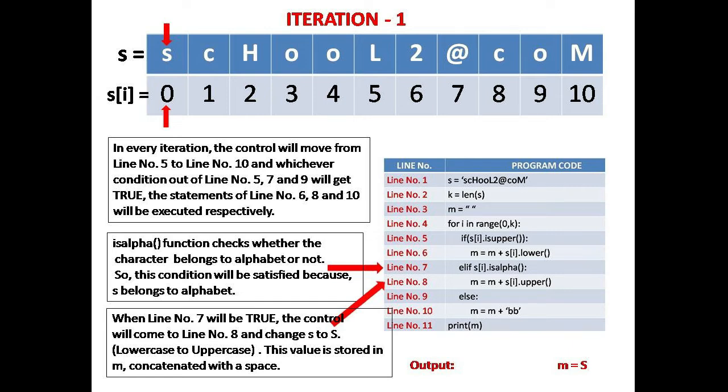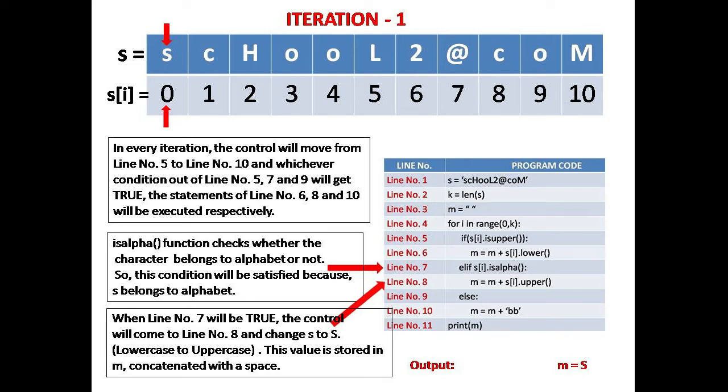You can see that in this program the for loop is given at line number 4, and the iteration will continue from line number 5 to line number 10. In line number 5 there is a condition, in line number 7 there is a condition, and in line number 9 there is a condition. If the condition of line number 5 is fulfilled, line number 6 will take place. If the condition of line number 7 is satisfied, line number 8 will take place.